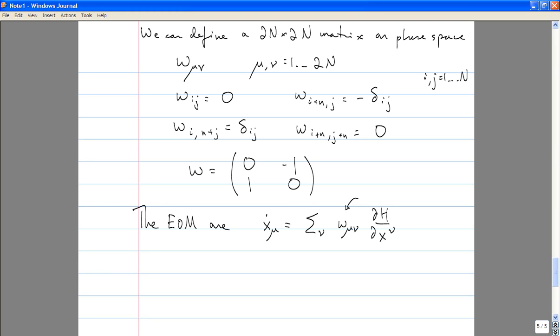And so this matrix actually has a special name. The matrix omega mu nu is known as the symplectic structure of phase space.